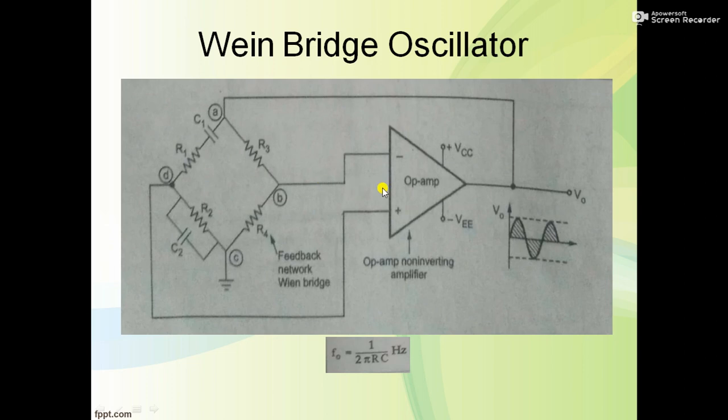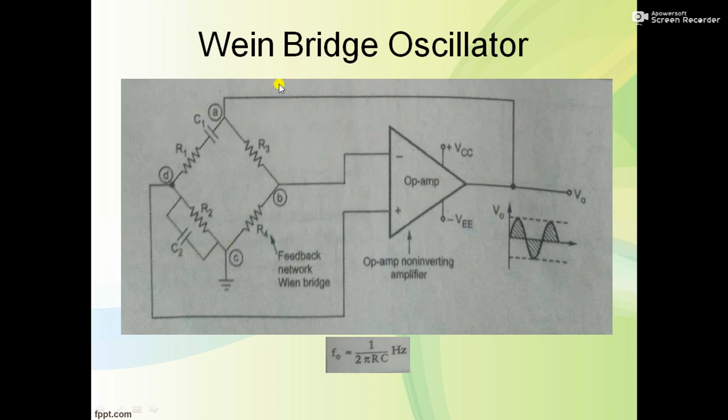Then, as already discussed, the output of the amplifier is connected between node A and node C, and this output of the op-amp acts as the input signal of the bridge circuit.